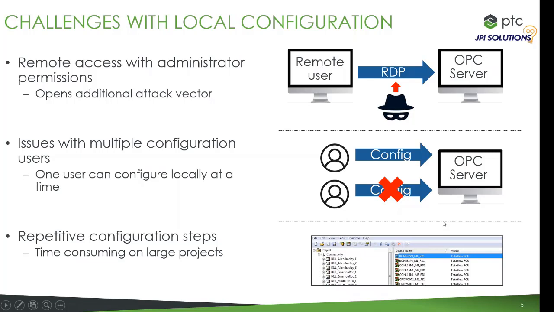And then lastly, with the GUI configuration, in a lot of cases you want to make a bulk change. You want to change a property on 100 tags across 10 different devices, and that can just get repetitive, clicking into each of those things.